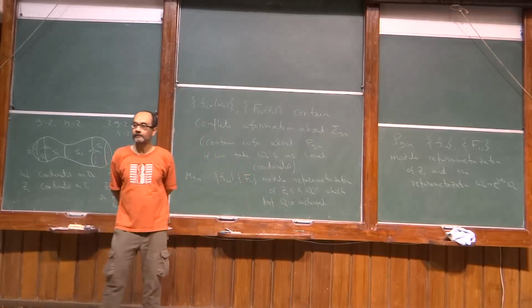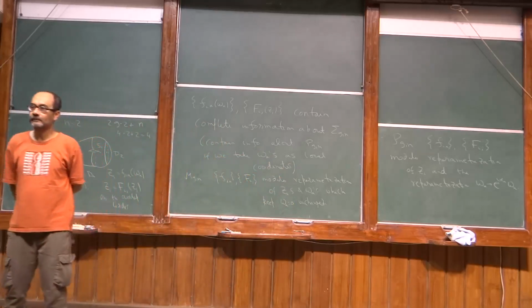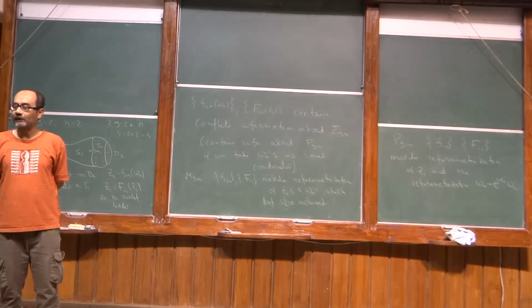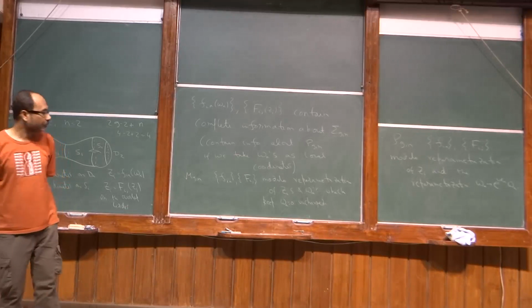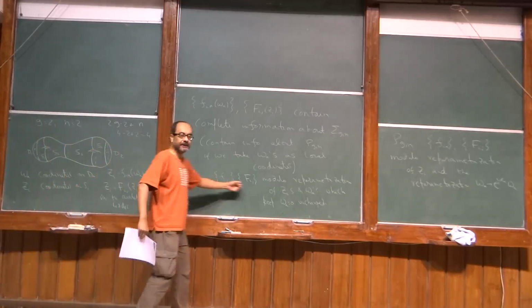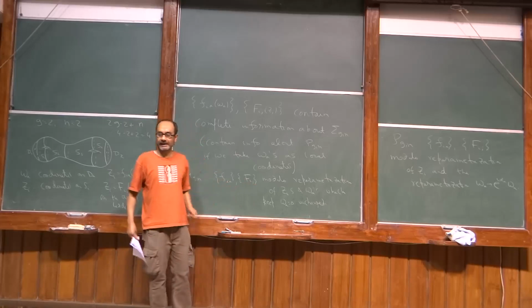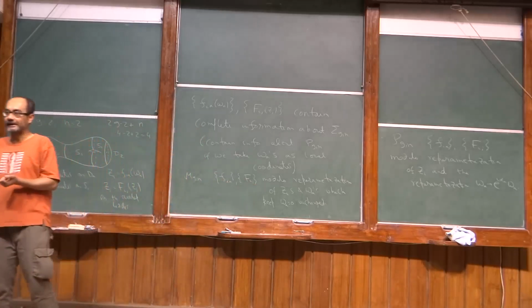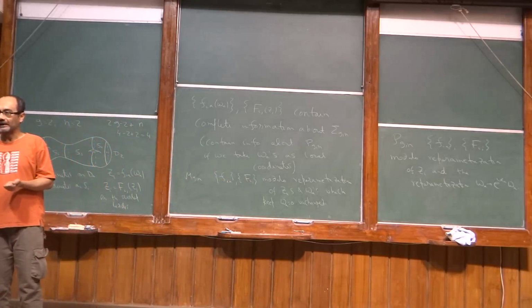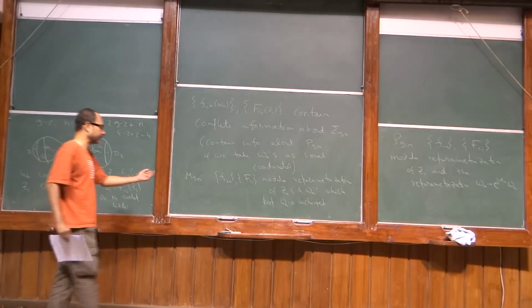Basically, if two punctures are coming very close to each other, then maybe we should distinguish between them. But in this formalism, there is no place where two punctures will come close to each other. Punctures will be fixed once and for all. All that will be changing are these. So that is the advantage of this formalism, that punctures will never come close to each other explicitly. Then something will happen to the transition functions.